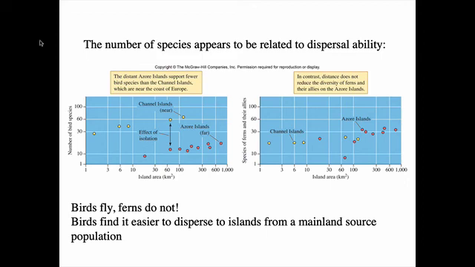As it turns out, it is so hard for ferns, which rely on actually what? Spores blowing in the wind. It's so hard for ferns to colonize these islands that there's not a lot of difference there. So birds fly, ferns don't. Birds find it easier to disperse than ferns.